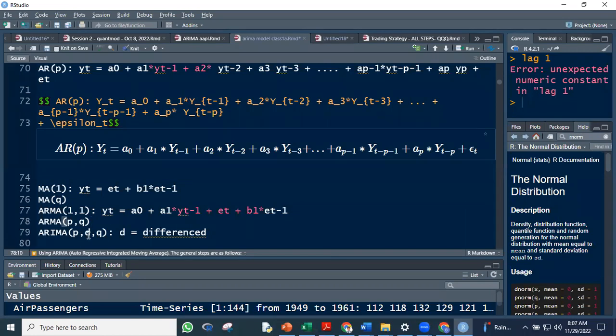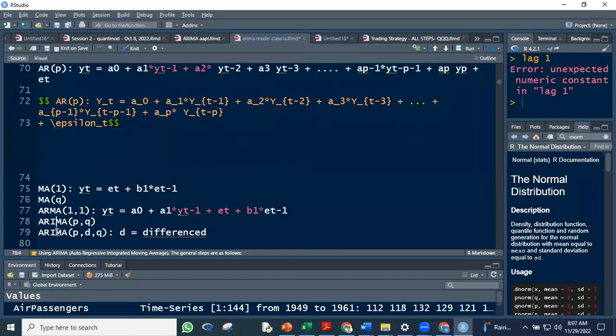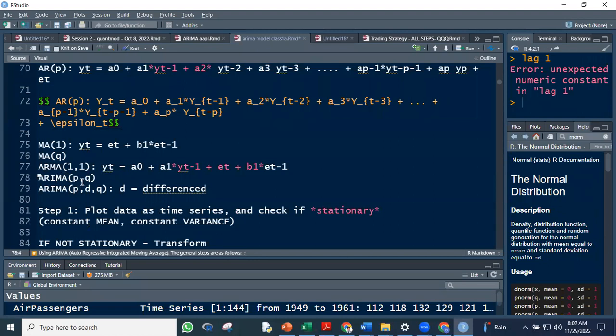Ang ARIMA, PDQ, okay, this is also called, by the way, ARIMA. ARIMA din siya. ARIMA PQ, wala nga lang differencing. Pero ARIMA pa rin siya. In fact, this can be called ARIMA 1. Okay, sorry.